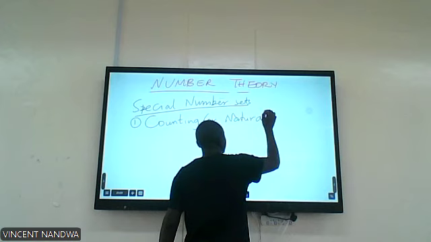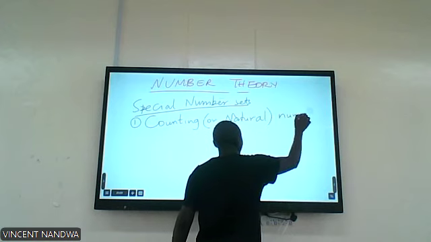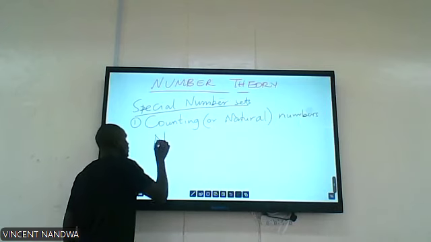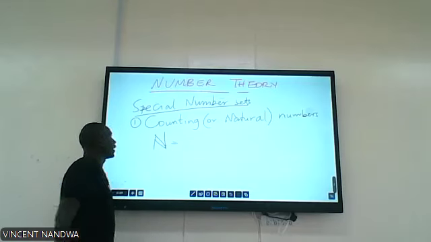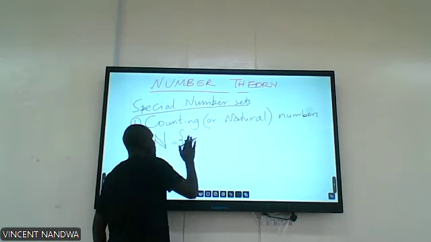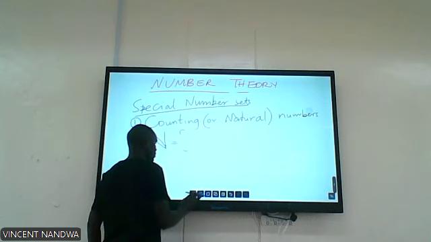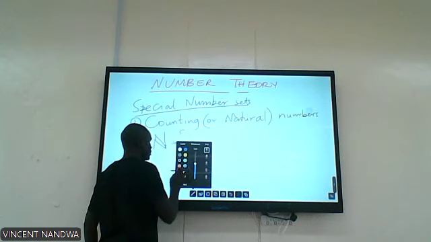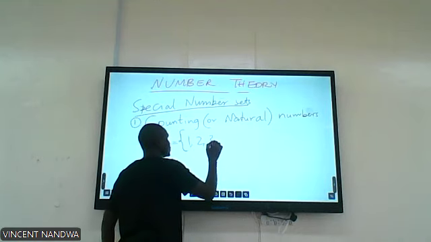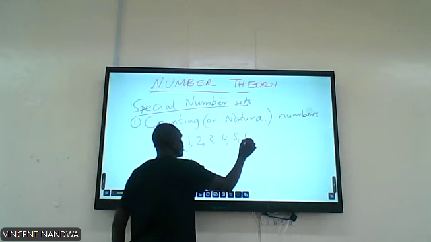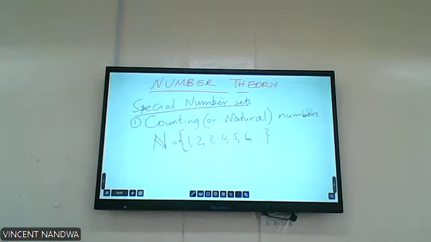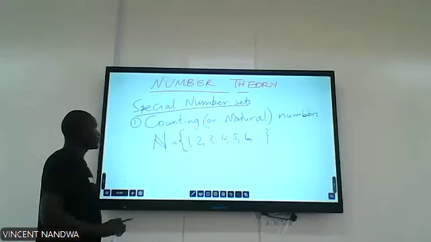Natural numbers we abbreviate by bold N, and these are simply numbers which start from 1, 2, 3, 4, 5, 6, etcetera.